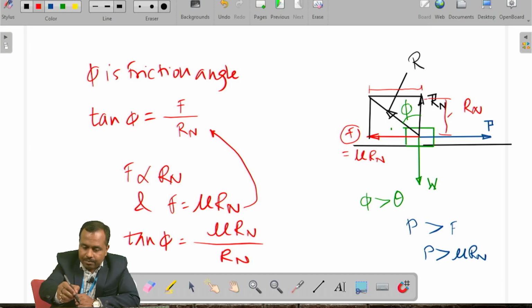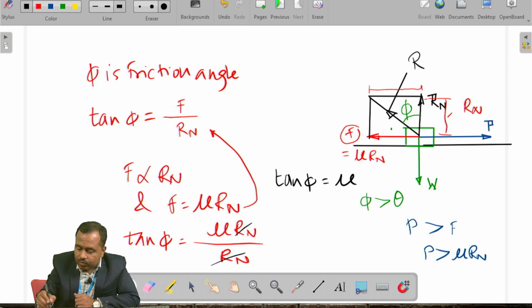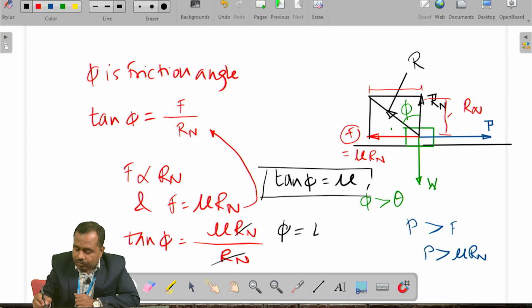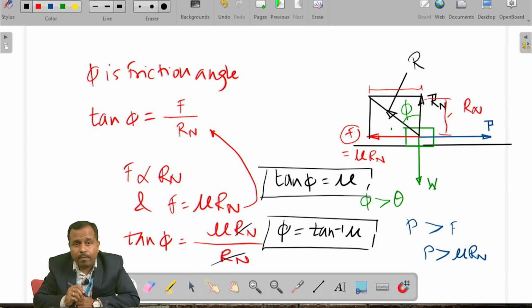So the Rn and Rn both will get cancelled. So finally, tan of phi is equal to mu. So the friction angle phi can be calculated by using the formula phi is equal to tan inverse of mu.